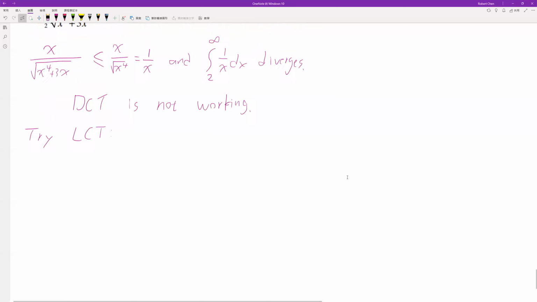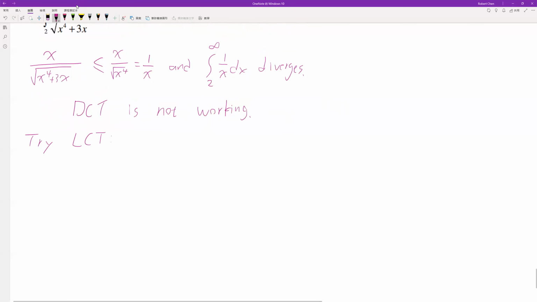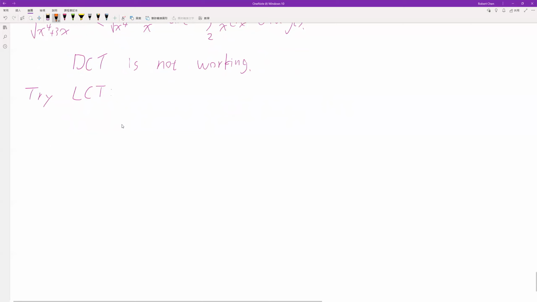So next, let's just put them in the form of a quotient and then take the limit. And if we get the same thing, that means they behave the same way. Okay, so let's see. So the limit as x approaches infinity of the original function, x over radical x to the fourth plus 3x, over the larger function, which is 1 over x. All right, and let's clean this up a little bit.